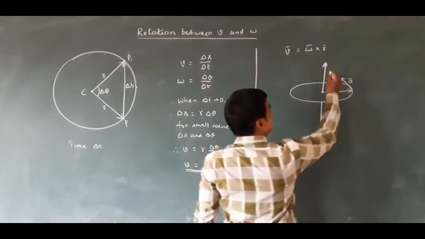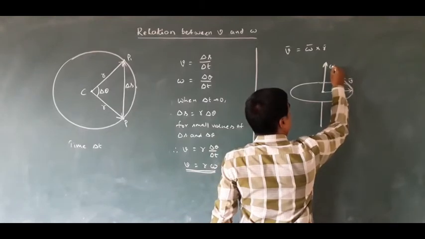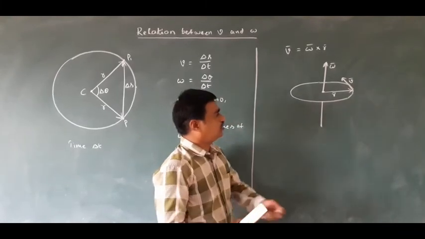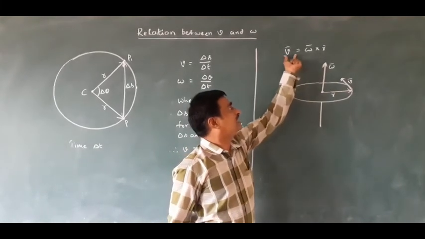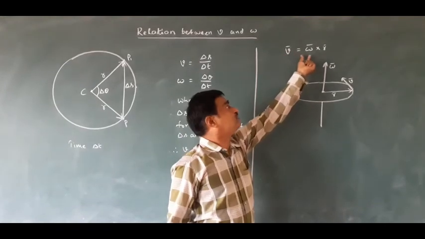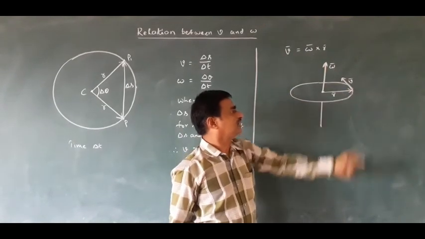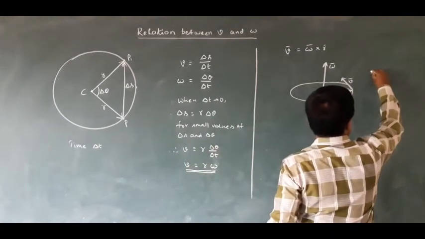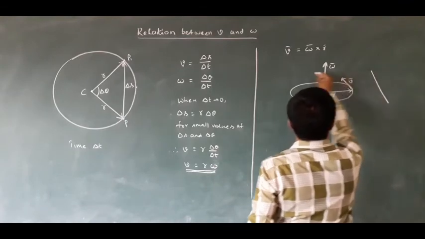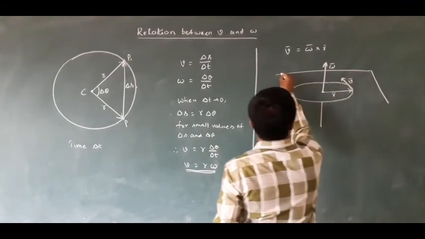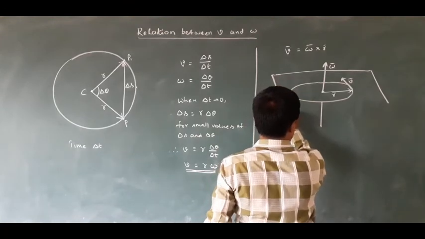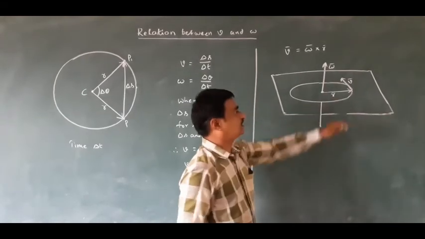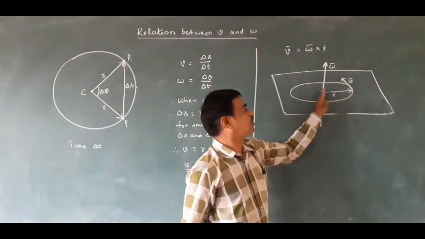It is taken along the direction of the axis. We are defining v bar is equal to omega bar cross r bar. This is a plane in which the body is going around this point or axis.